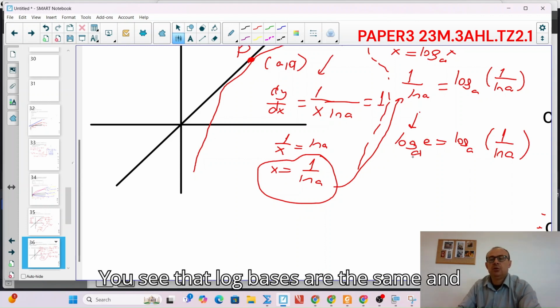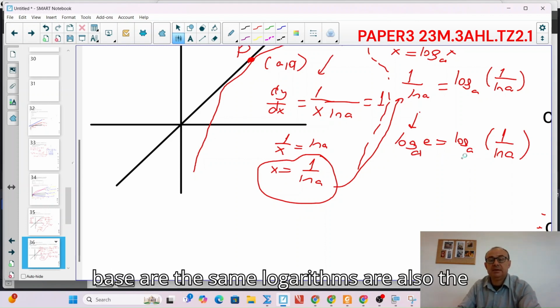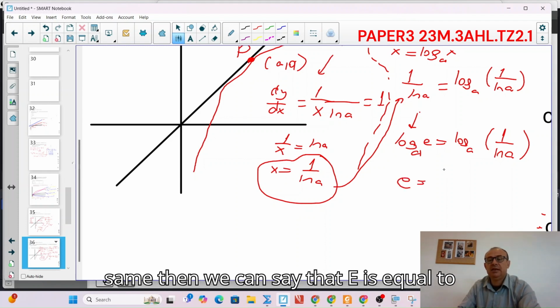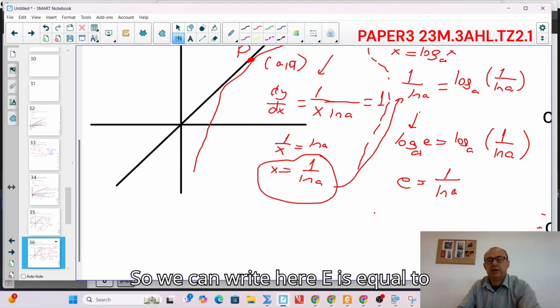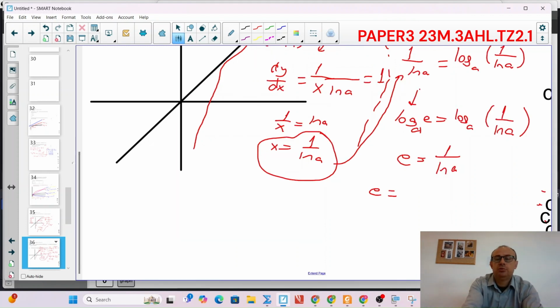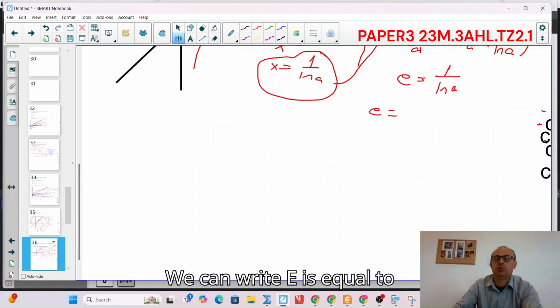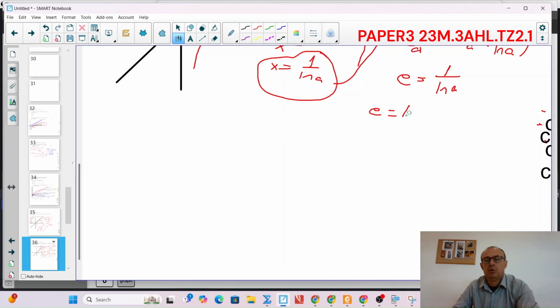And you see that the log bases are the same, so the arguments are also the same. Then we can say that e is equal to 1 over ln a. So we can write e is equal to log base a of e.